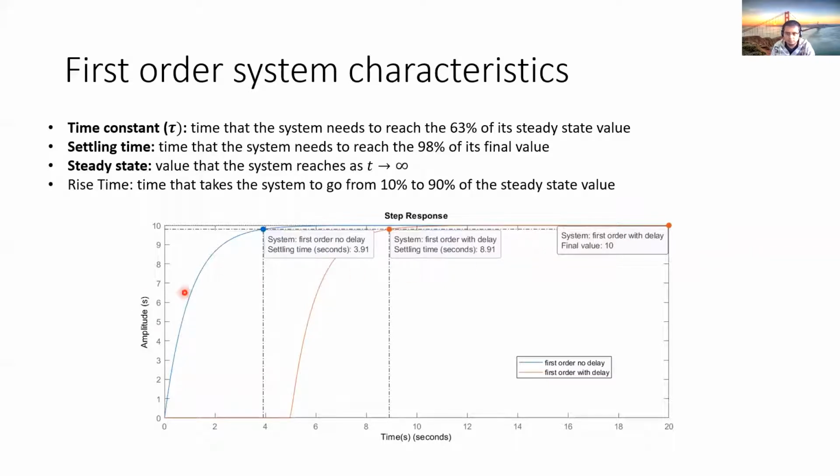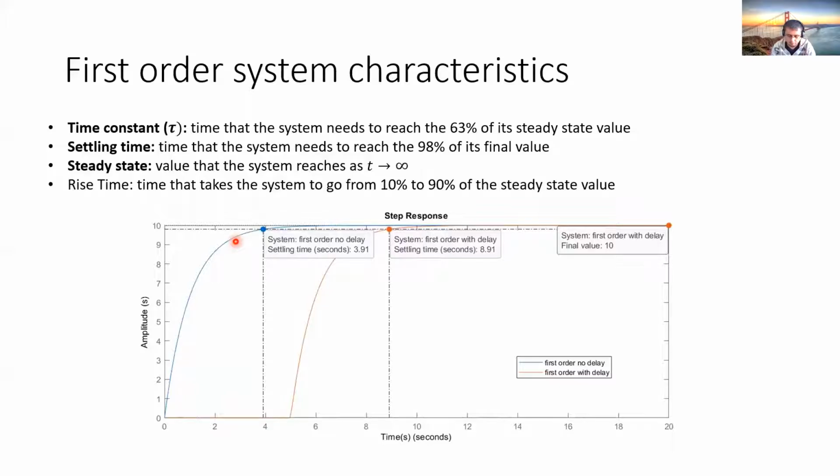And we can measure the rise time really quickly. If we have here 10 as our final steady state value, we reach 1 here, maybe at 0.2 seconds, and we can see that 9, in this case here, could be around 2.2 seconds. So our rise time is around 2 seconds for this system.